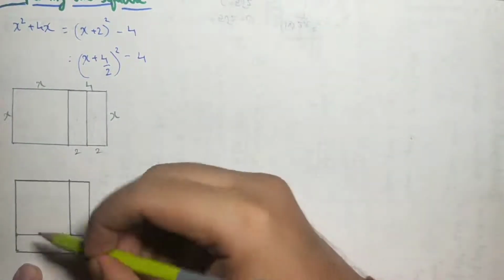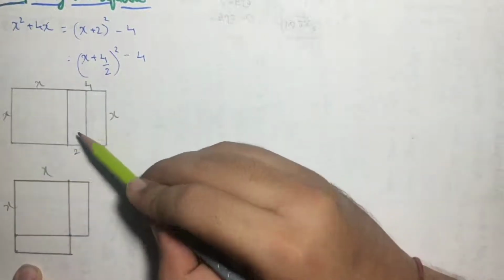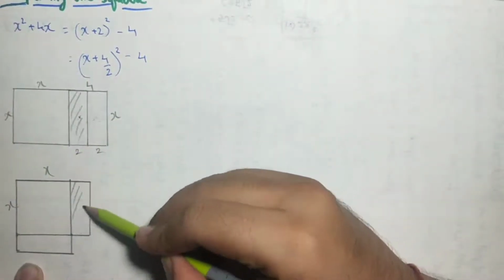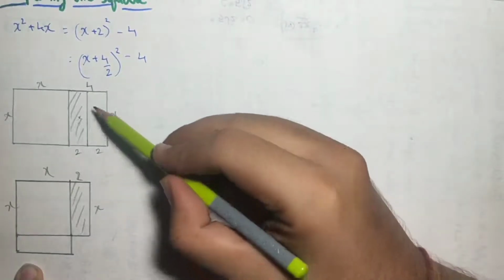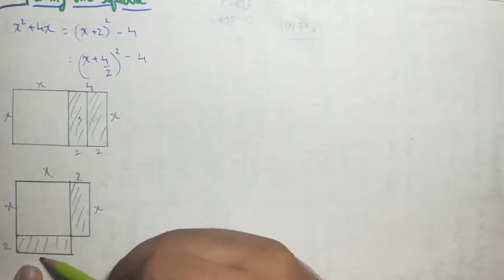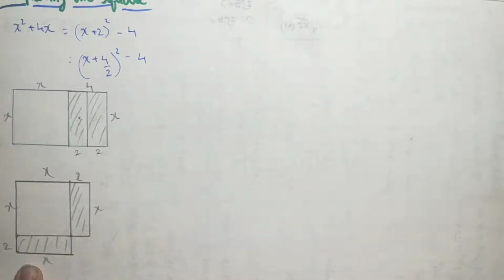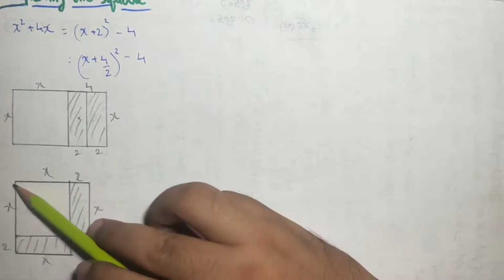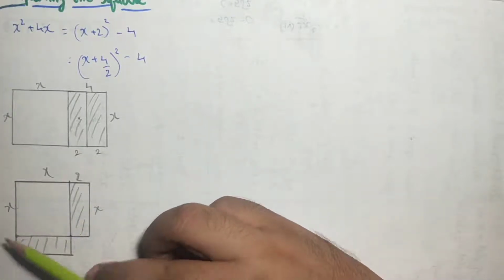I got this square x into x. One rectangle, 2 into x, is already over here, and this rectangle I have drawn over here with dimension 2 into x. As you can see, this length becomes x plus 2 and this length becomes x plus 2.